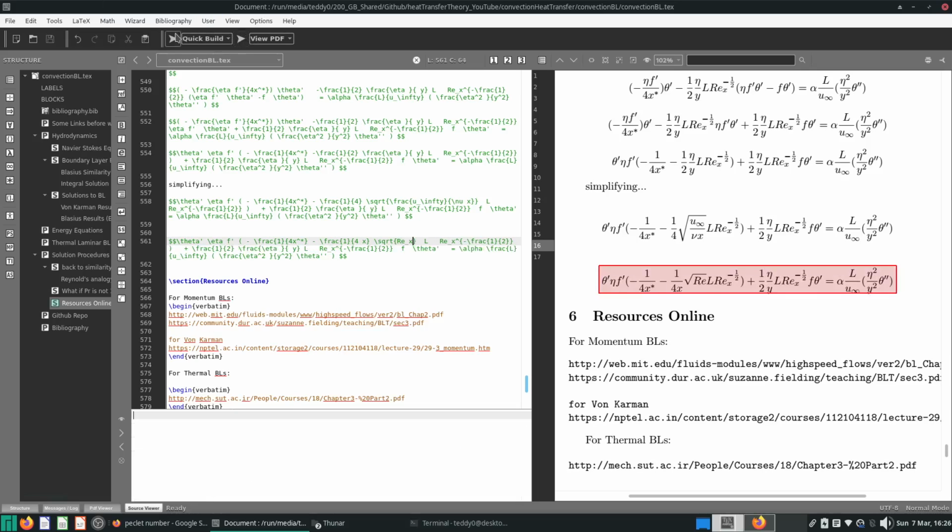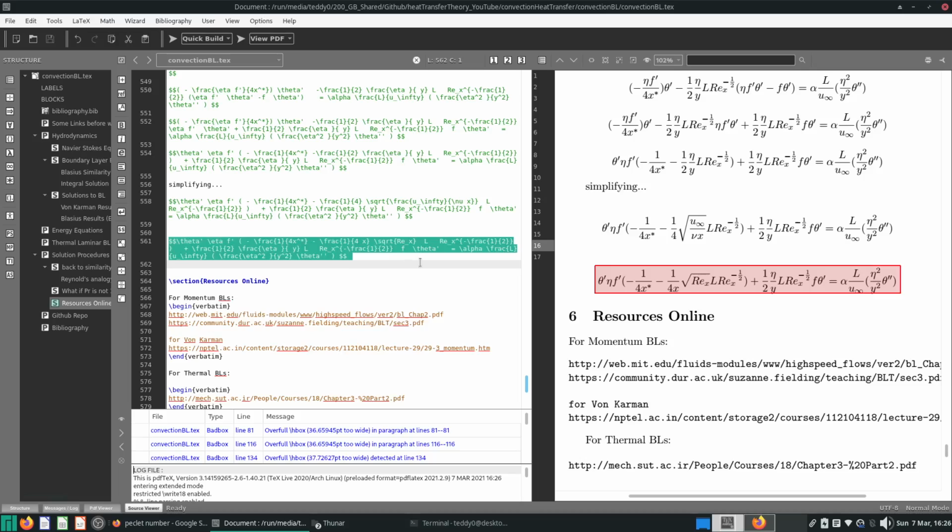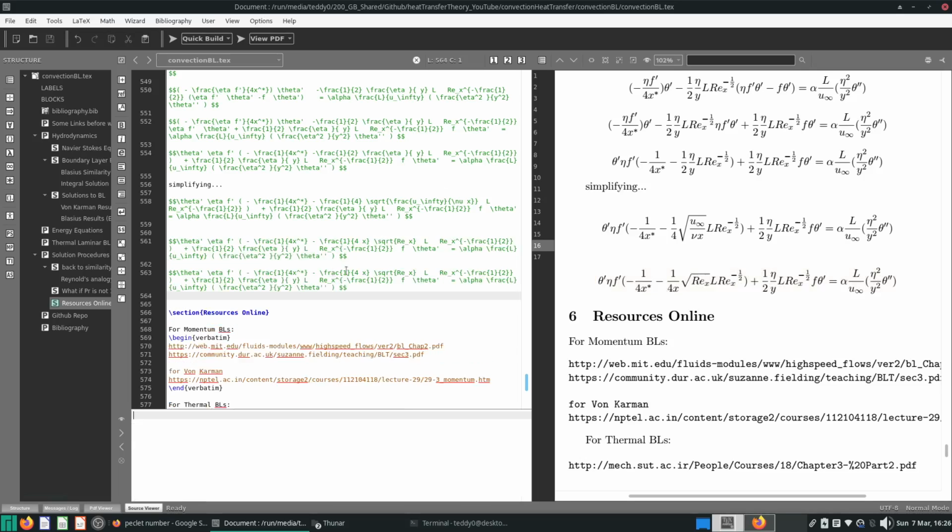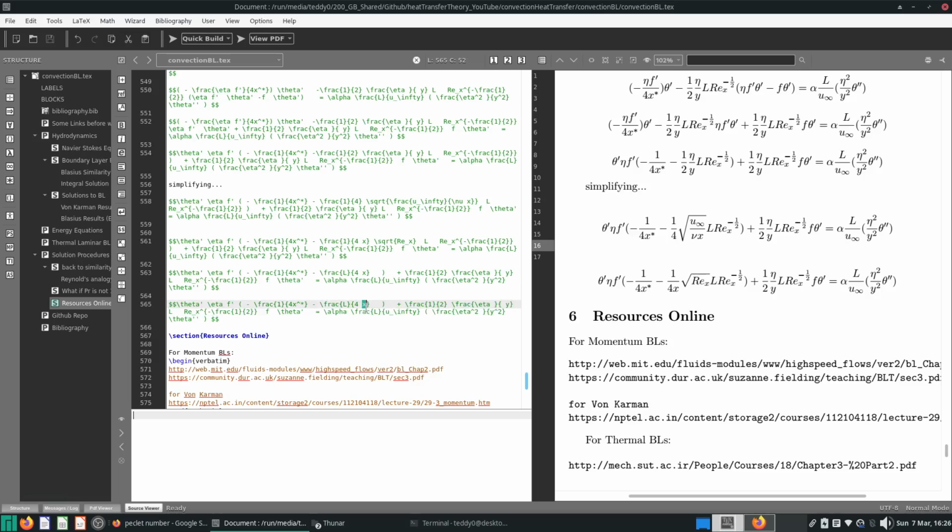Re_x. And of course now you'll see the Reynolds number actually cancels out, which is pretty convenient for us. At least that part of the math is right. So the Reynolds numbers cancel out. Square root Re_x and Re_x here. And of course that actually just reduces to x star.